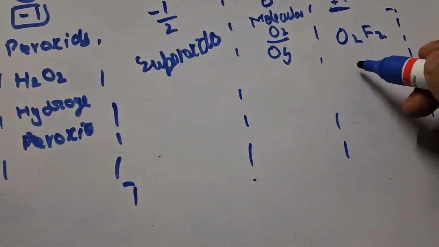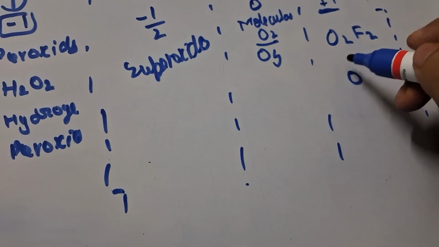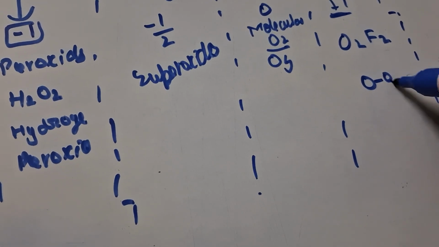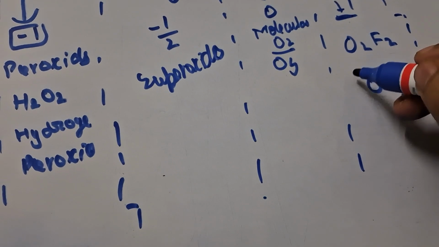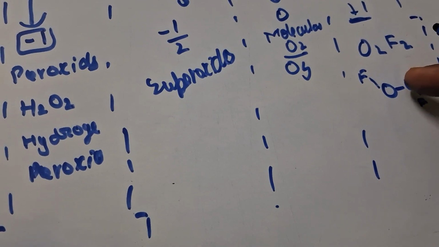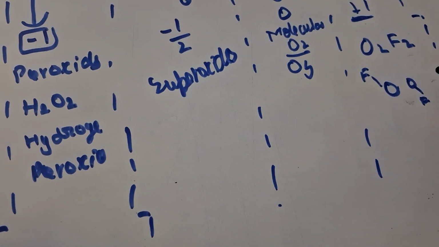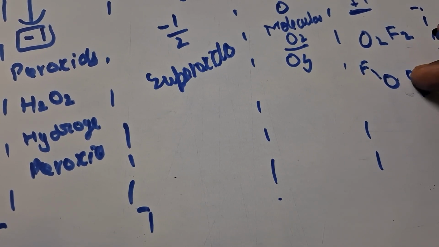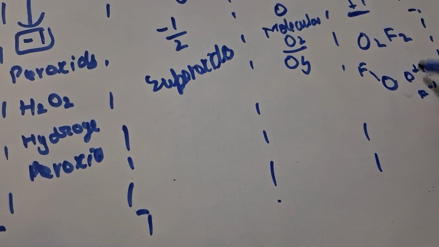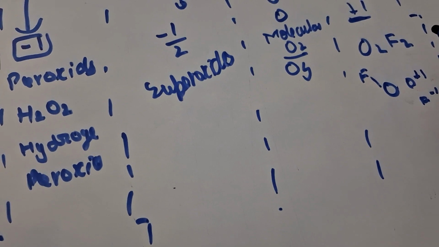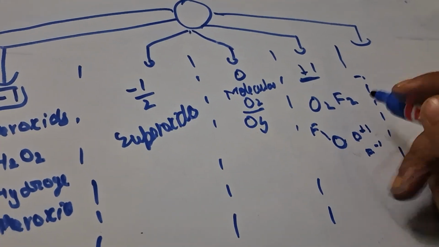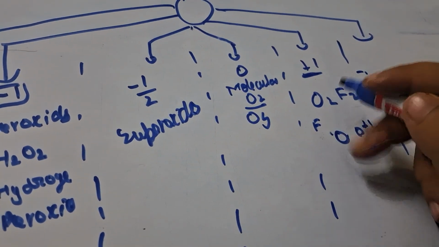So basically O2F2, this will be the bond. When you break this, no charge will be developed. When you break this, oxygen will get a +1 and fluorine will get a -1, because fluorine is more electronegative than oxygen. Same here.